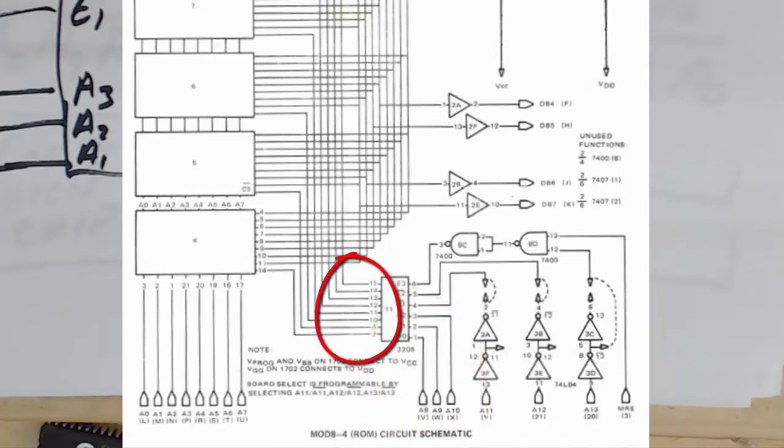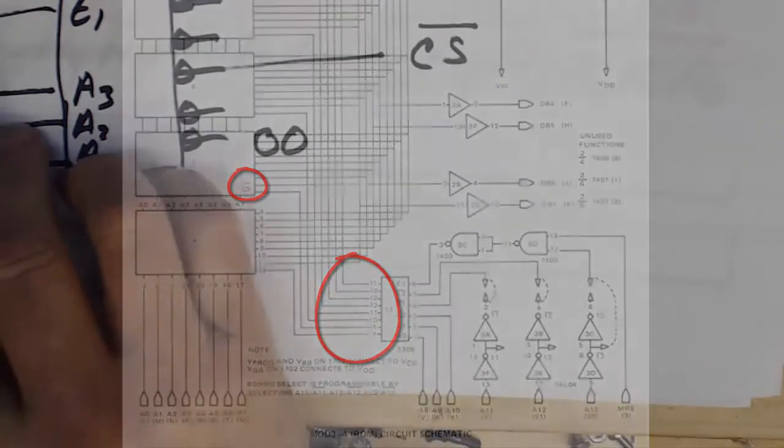And then we can see our 8 outputs that go to the chip selects on the 8 individual pins of the 8 individual chips.